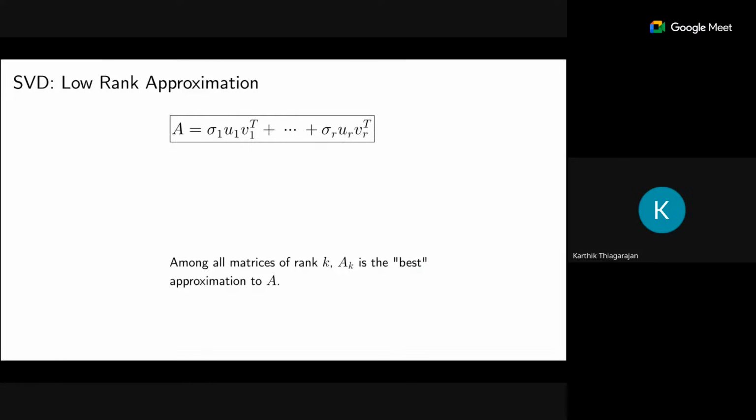What should you do if you're asked for the best rank k approximation? You have to truncate the SVD after k terms. For example, if you're asked for the best rank 1 approximation of A, you just have to compute sigma 1 U1 V1 transpose.